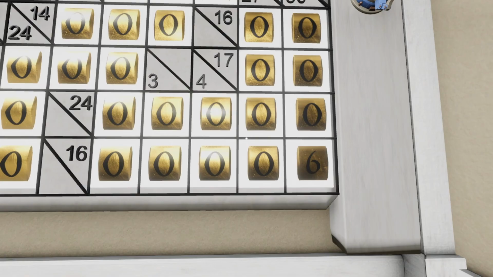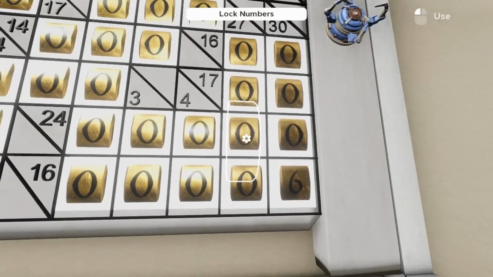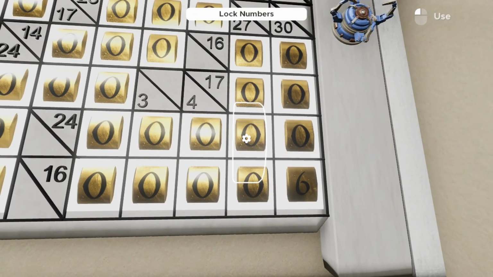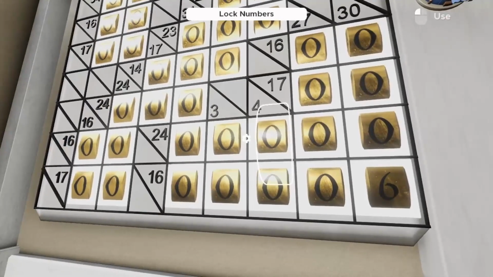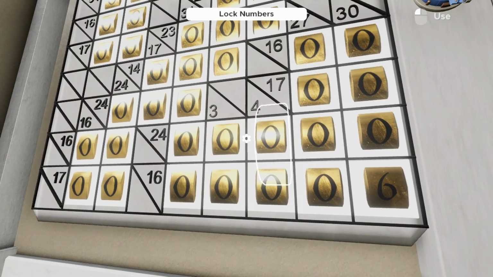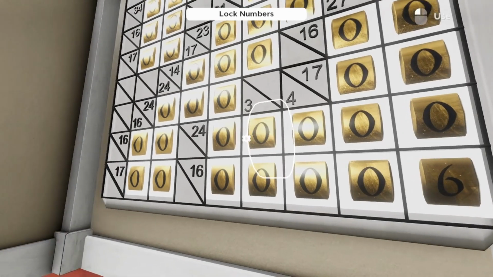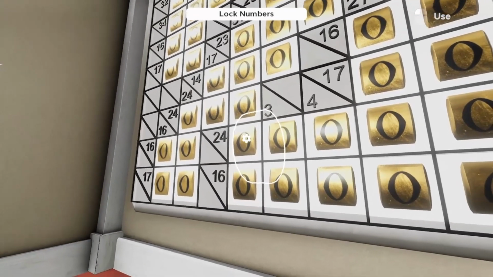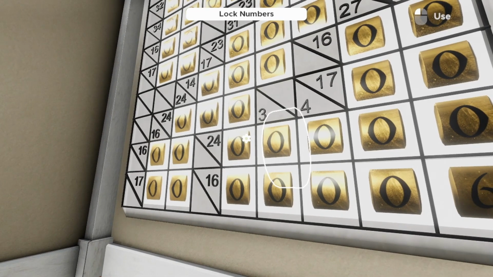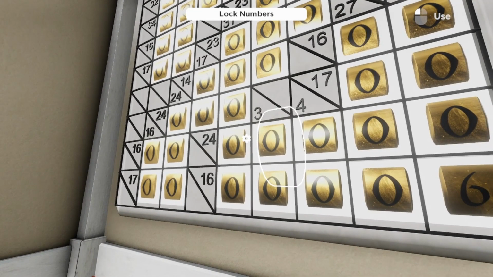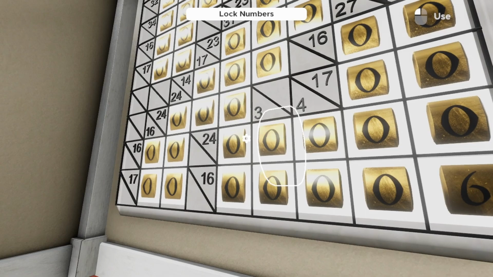We got a 6, 7. So right here, there's a 6, 7, 8. All my 9 variants are not a possibility for this one. So I think it could be a 5, 6, 7, or 8. Depending on what we end up with is how this will work.